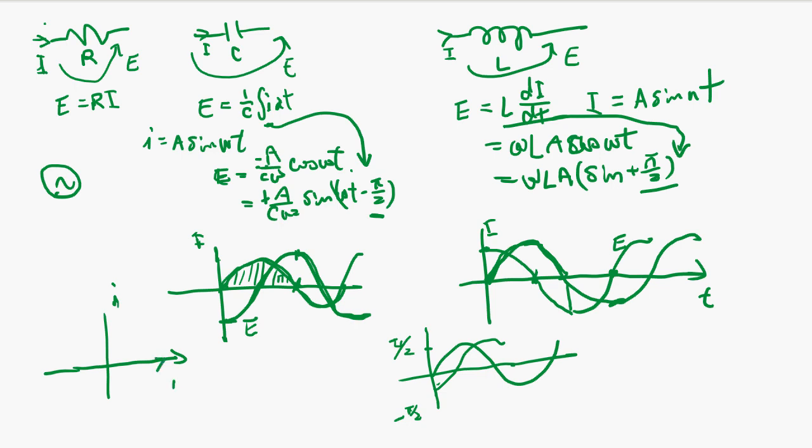Say this is I, current I, and the inductance is shown here, pi over 2 ahead in the phase. So this is going to be the E of the inductance.